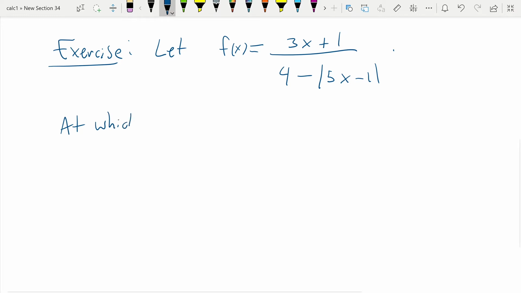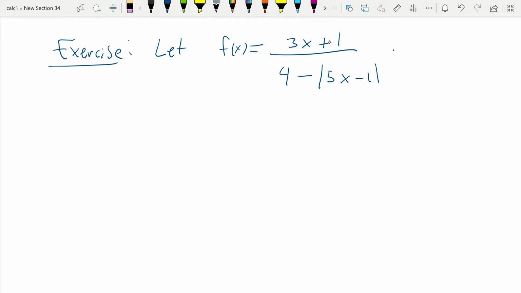At which points is f discontinuous? So that's one way that we can ask you about finding the points of discontinuity for a given function.